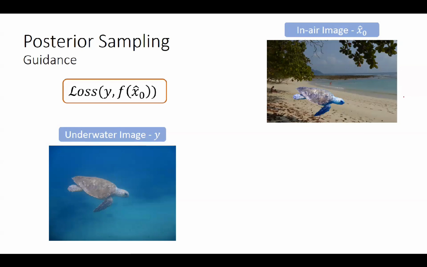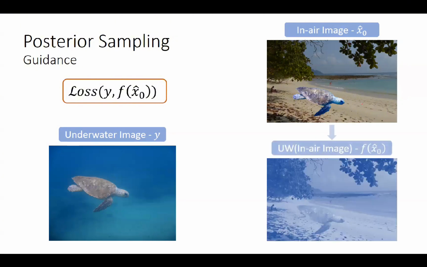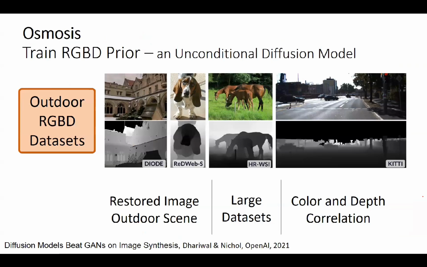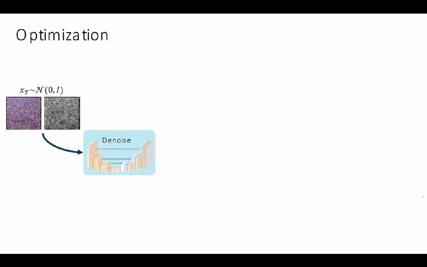So the basic idea is that if we have our underwater image formation model, we can turn this clean image into its underwater version, and then train based on a loss between the true image and this predicted underwater image.